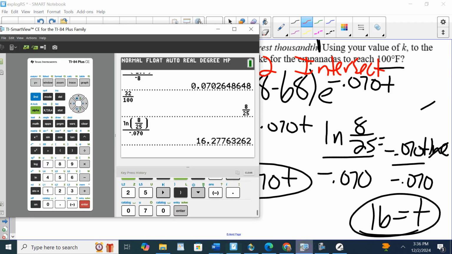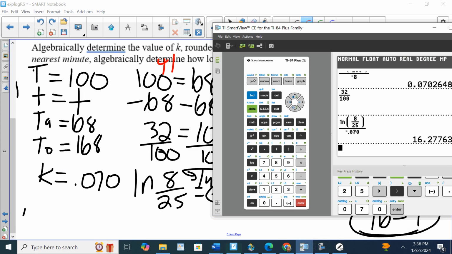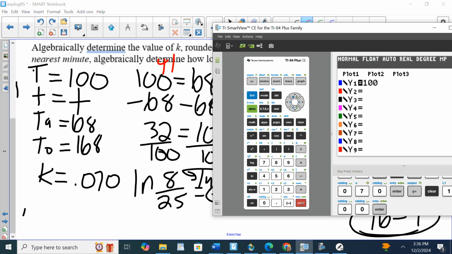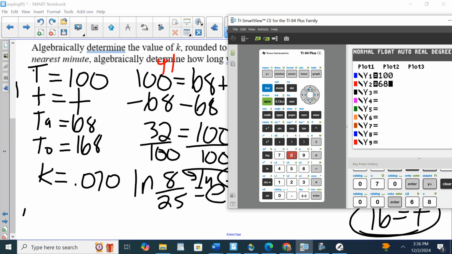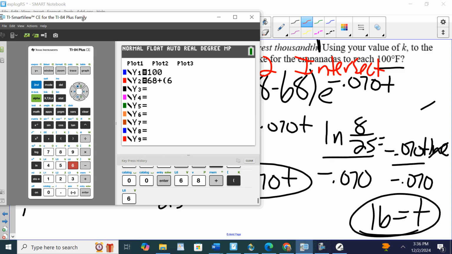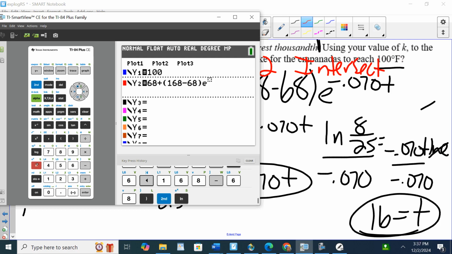I can go to my calculator, I can type 100 into y1, I can type 68 plus 168 minus 68, e to the negative 0.070x.